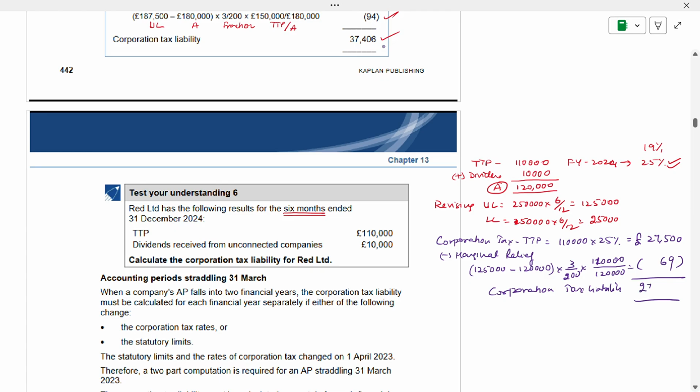How much will you get? 69. So the tax is 27,431. Are you clear about this? Yes, sir.